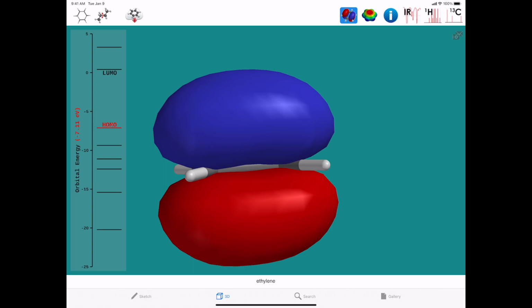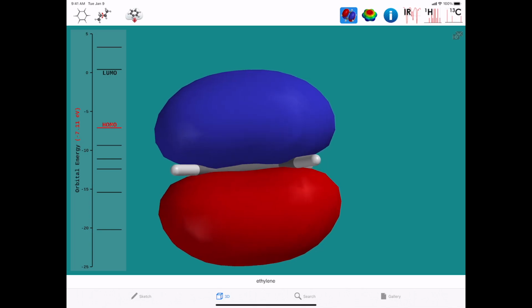The colors here represent different wave function sign. Notice that this doesn't look like 2 separate p orbitals side by side. We've combined them together, right? And there's continuous same sign overlap on one side of the molecule and on the other side of the molecule. Does that help?